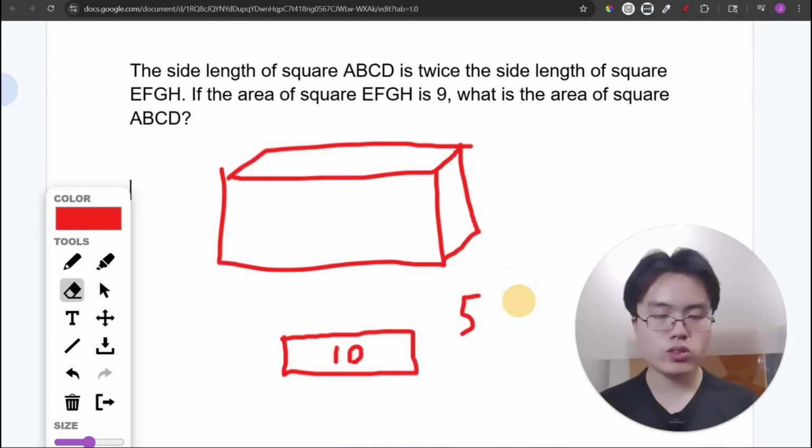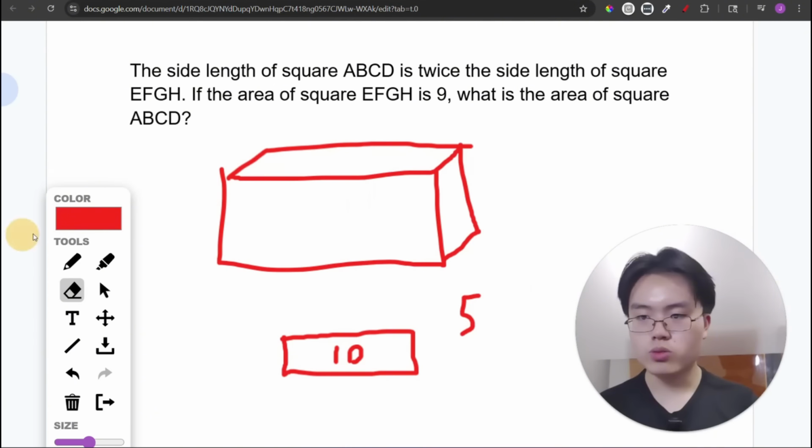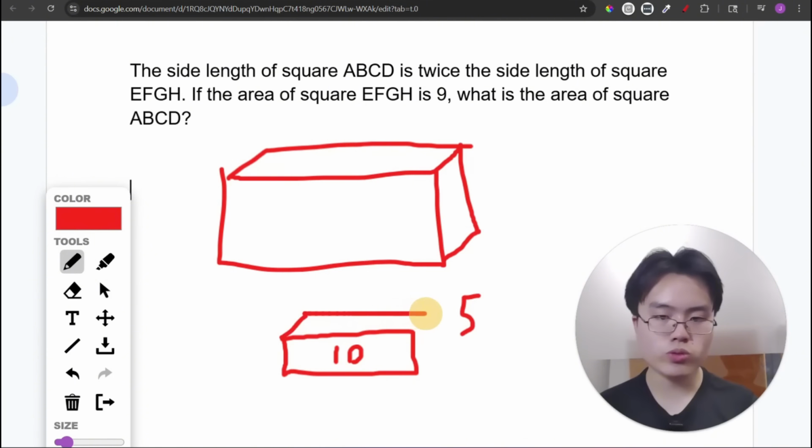Now we're doing 3D shapes, so we're working with volumes, not area anymore. We know the volume of this rectangular prism is 10. What is the volume of this one? We know the scale factor is 5, and we know these are proportional. I didn't teach you this, so you shouldn't have been able to answer, but if you already know this, then you could.